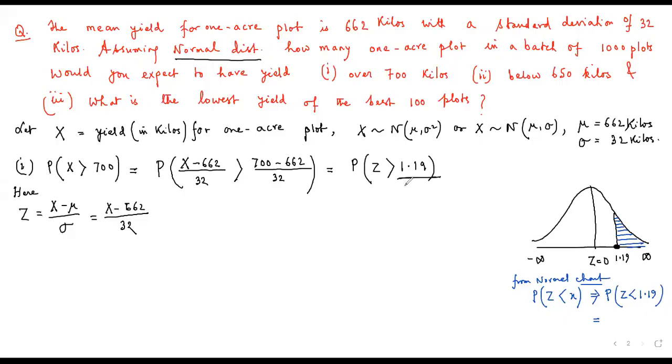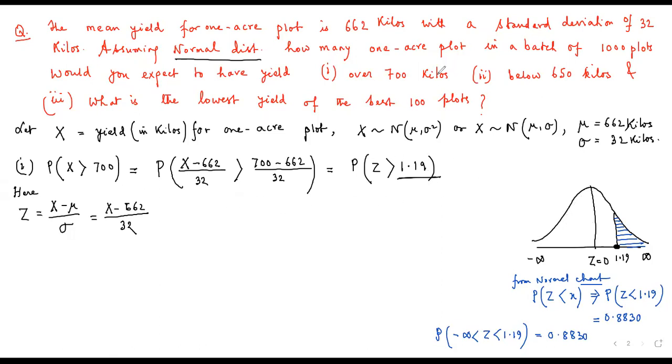So this probability is 0.8830 from the normal table. So this region is known to me. We know that the probability that z lies between minus infinity and 1.19 is 0.8830. Now we are interested in finding this probability. So how can I do it?